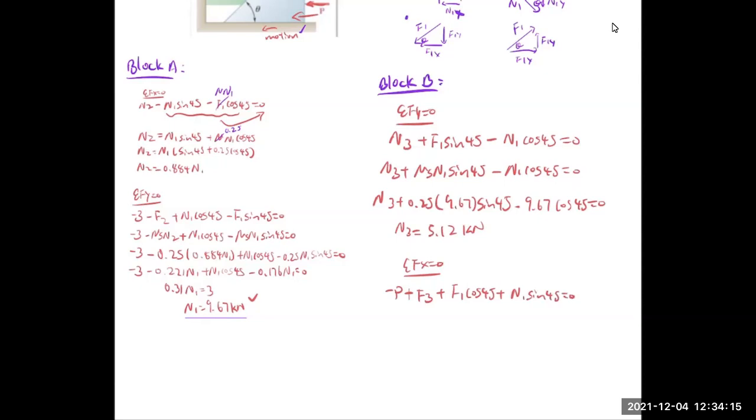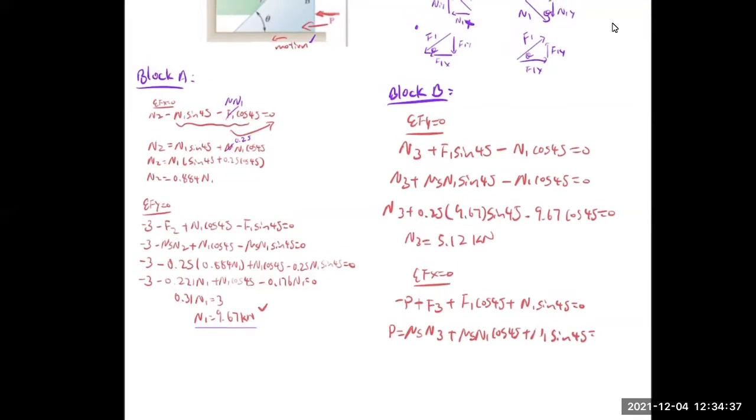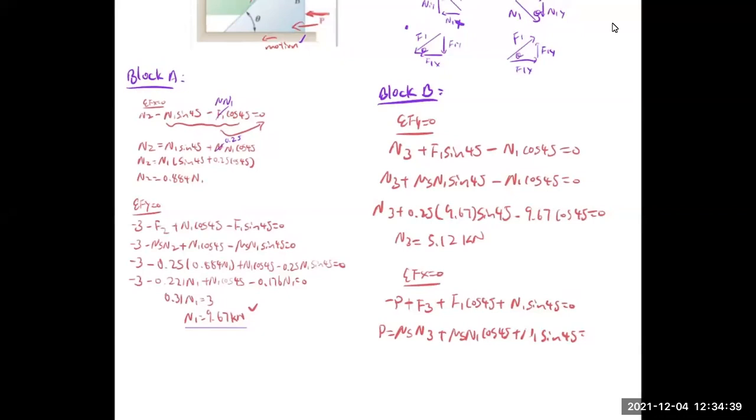Okay, so based on the equation, solve for P. So P will be equal to F3, which will be mu s N3, plus F1, mu s N1, cosine of 45 plus N1 sine of 45. Then we already determined all those unknowns from the previous steps. So basically just plug them in.